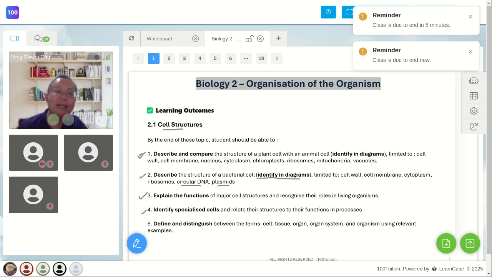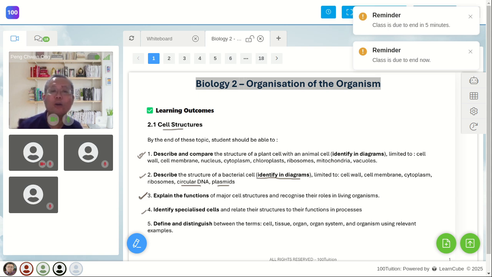Third, we explain the functions of major cell structures and recognize their roles in living organisms. For example, what does the mitochondria do? Basically, it is where respiration happens, and energy is released to the cell.